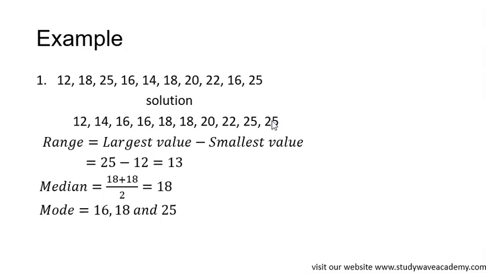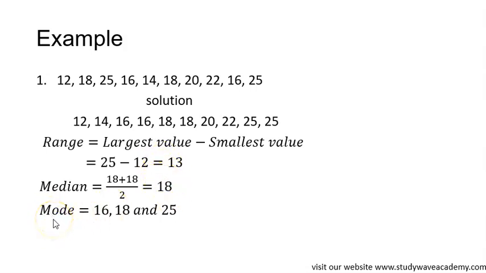So there will be two numbers in the middle, since 10 is an even number, right? The middle numbers are 18 and 18, okay? So it will be 18 plus 18 divided by 2. 18 plus 18 will give you 36. 36 divided by 2 will give you 18. So the median is 18, okay?